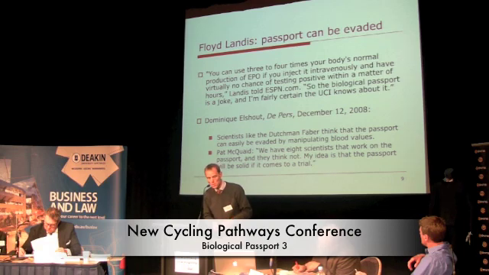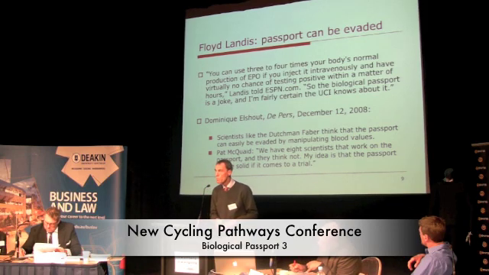In an interview, Pat McQuaid was asked about the Dutchman Faber, that's me, who thinks that the passport can be evaded. I could have told him 20 years ago, because this is old methodology. Pat McQuaid was very comfortable and said, I think not. We have 8 scientists that work on the passport, and he thinks it will be robust when it comes to the trial.